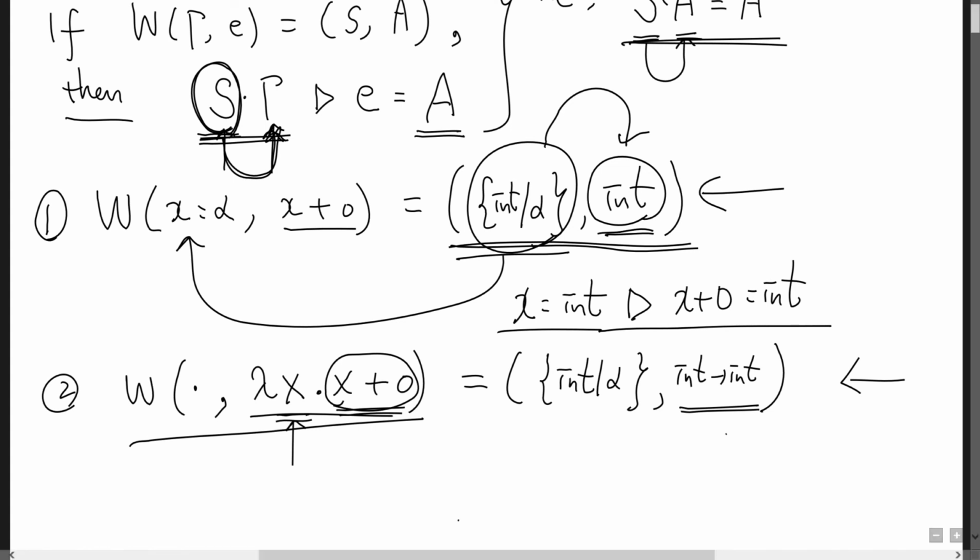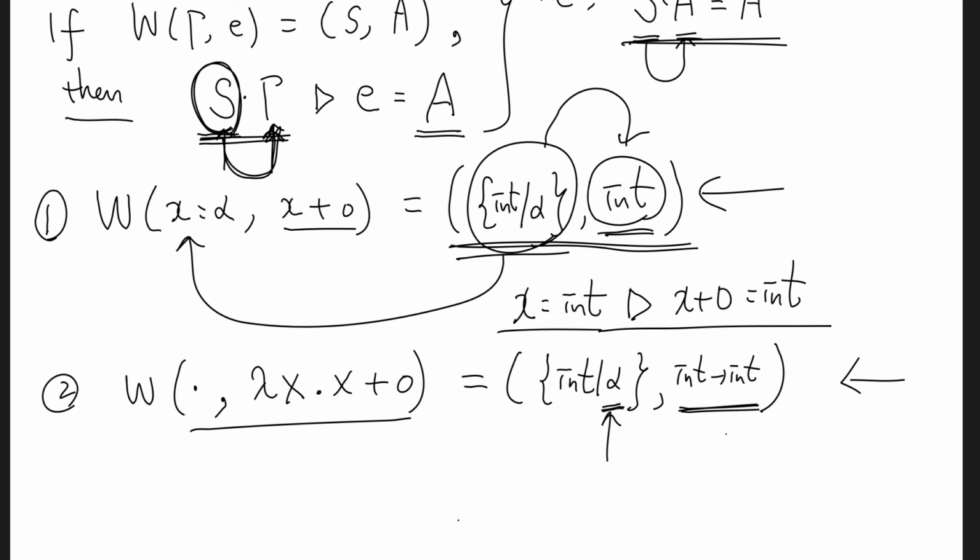So a type variable like alpha here is the one that has been generated as a fresh type variable. So there is nothing wrong with having a type variable alpha here. It does not appear in the argument, and it does not appear in the resultant type either. That's fine. But that's just the nature of this algorithm W.